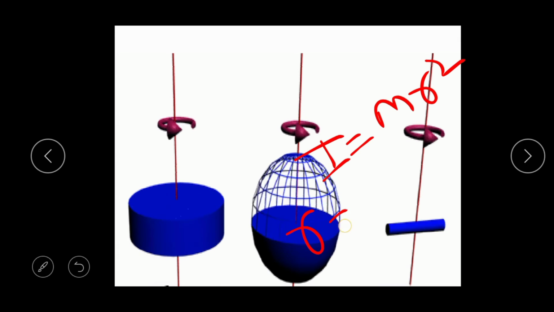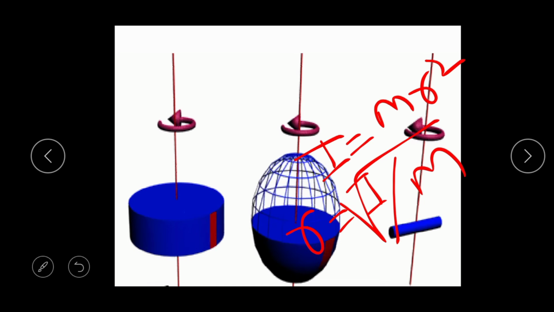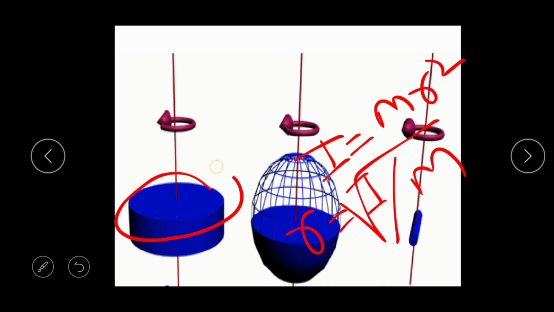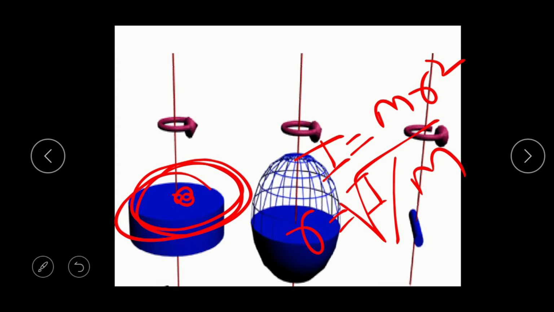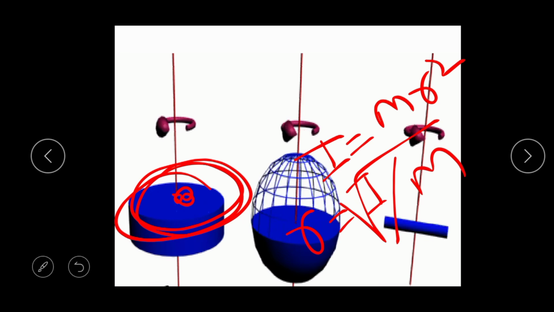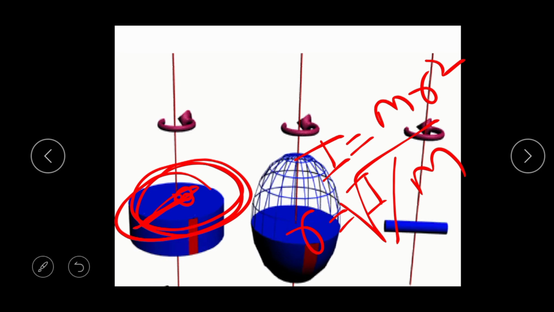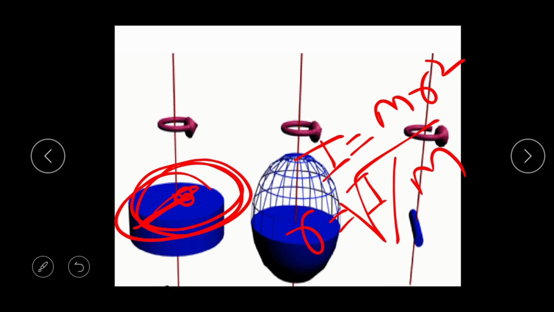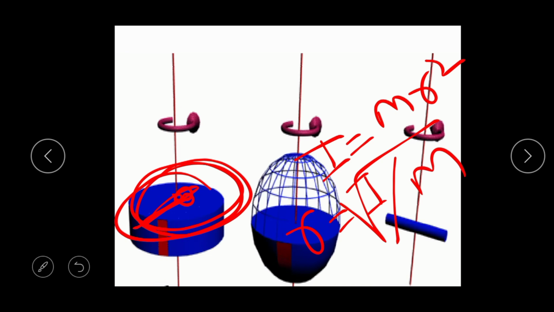So r is equal to root over the ratio of I by m. While revolving, it is forming a circle, and if we assume the axis at the center, then this radius is known as the radius of gyration. While revolving it is forming a radius, and that radius of rotation is nothing but the radius of gyration.